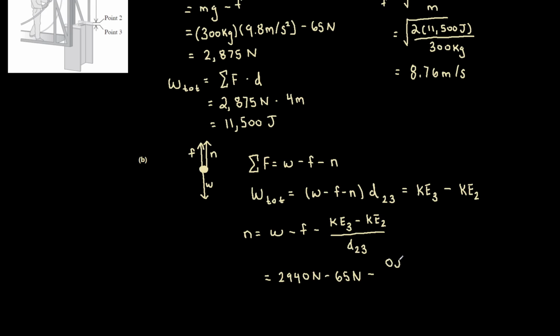So we have 0 joules minus the kinetic energy at point 2, which we solved in part A to be 11,500 joules, all divided by the displacement, which was 0.089 meters.